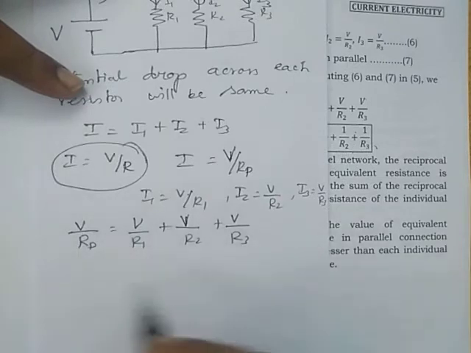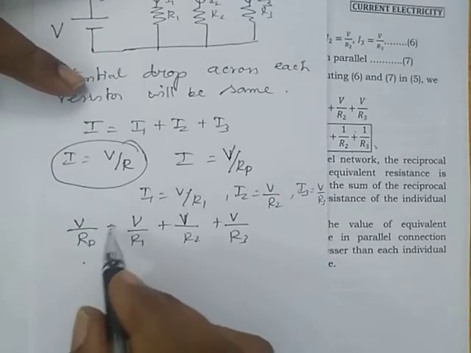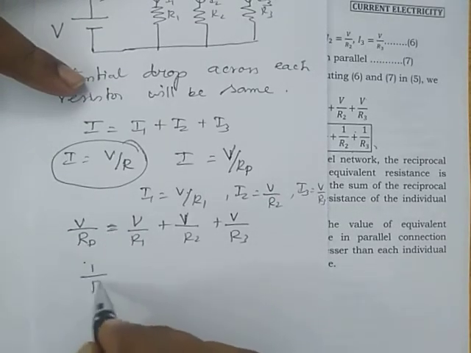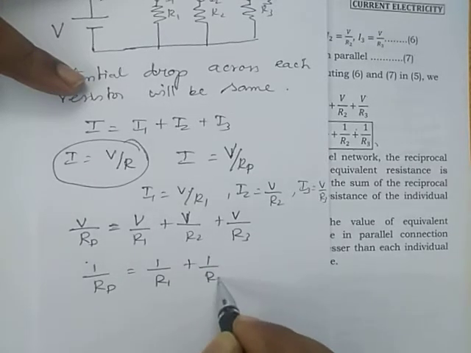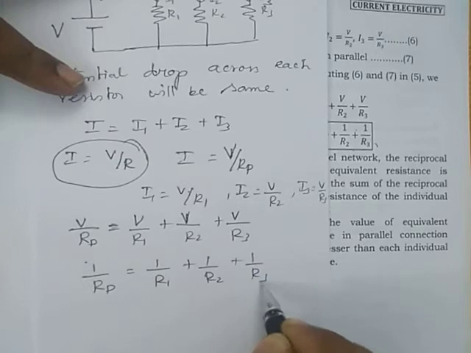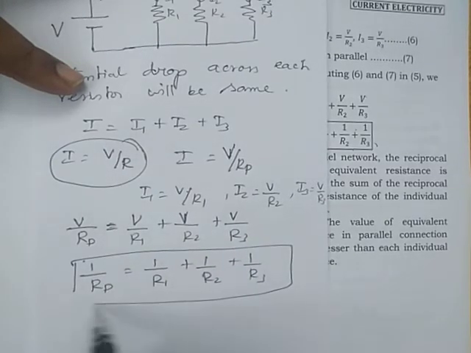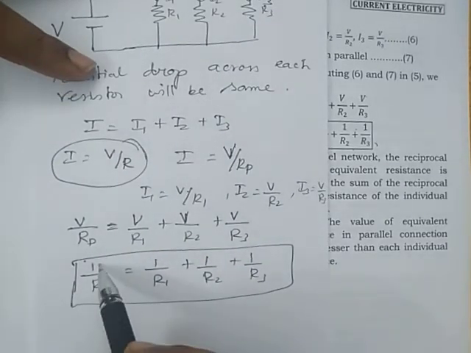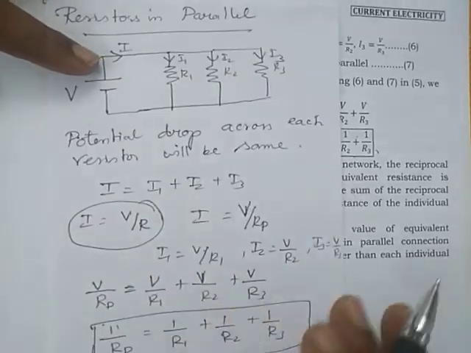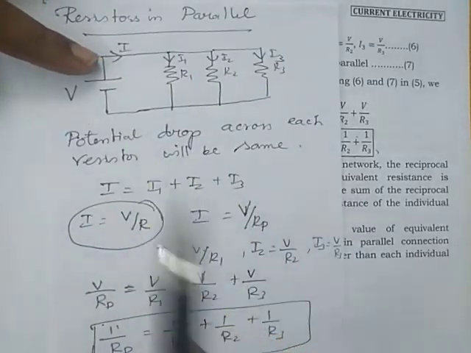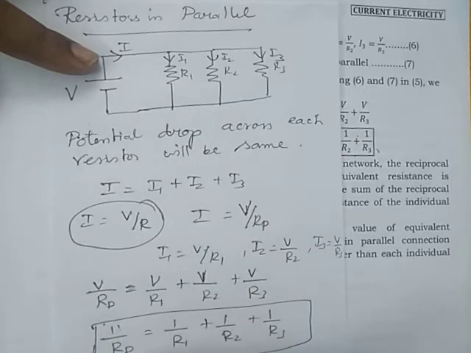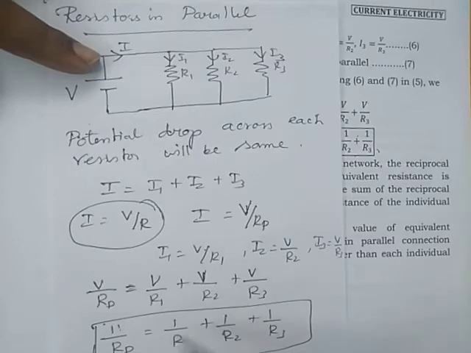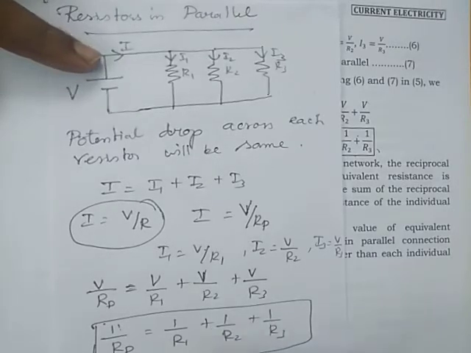On cancelling the potential difference on both sides of the equation, we get 1 by RP is equal to 1 by R1 plus 1 by R2 plus 1 by R3. This equation shows that when resistors of different resistance are connected in parallel, the reciprocal of the effective or equivalent resistance is equal to the sum of the reciprocals of the individual resistances.